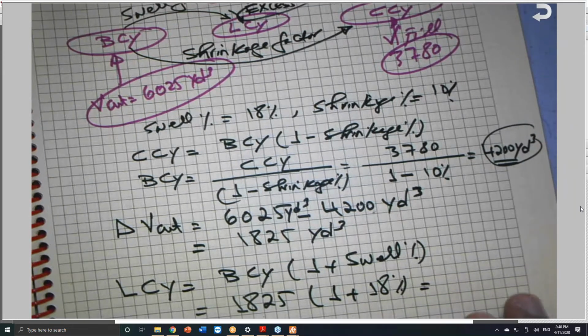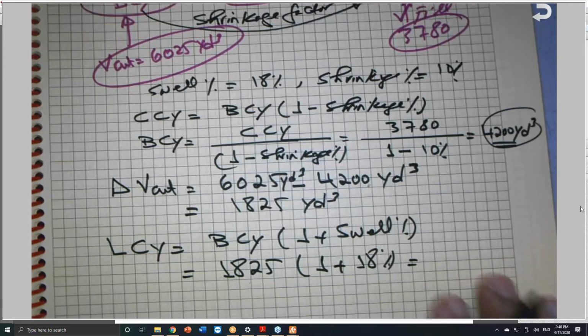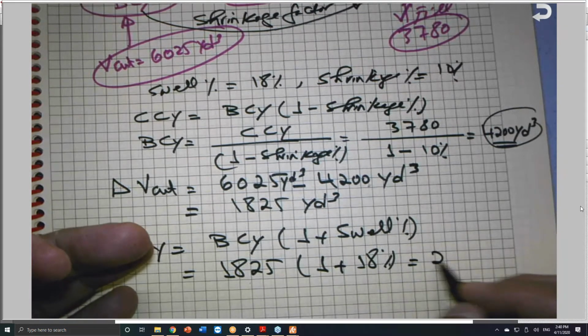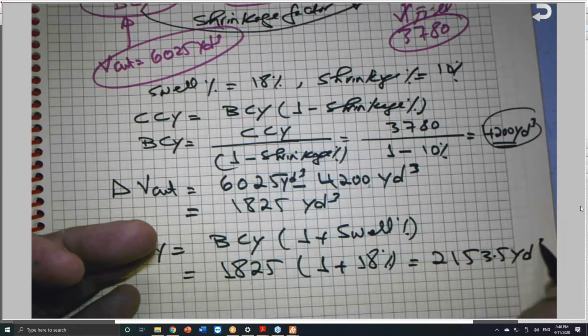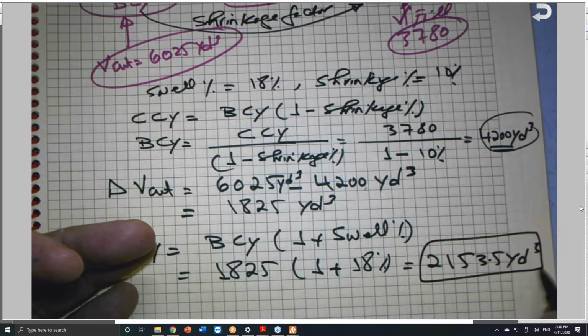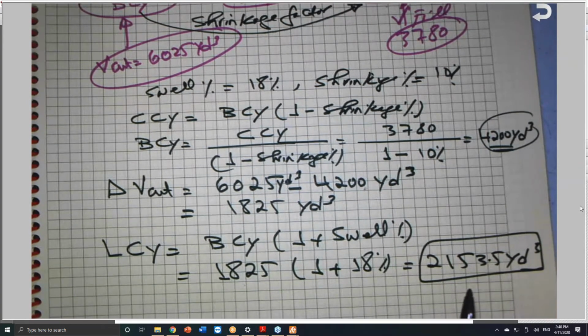If you do that, you'll get 2153.5 cubic yard. And this is the number that he is looking for.